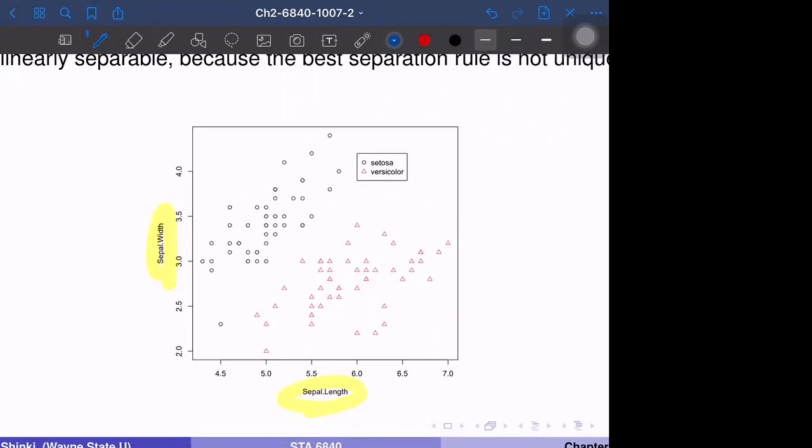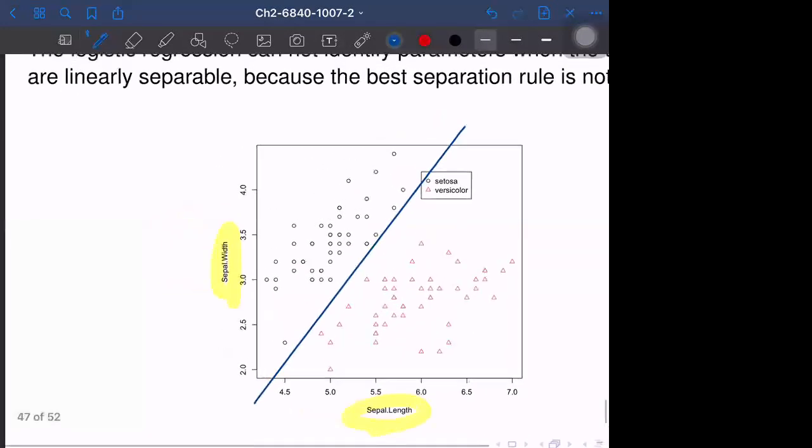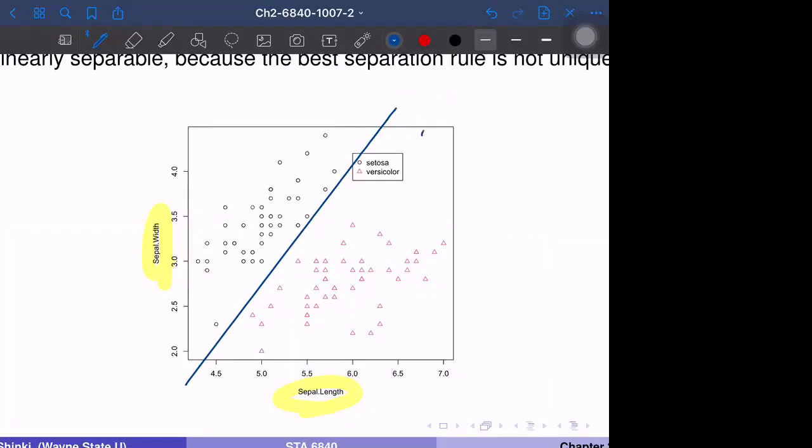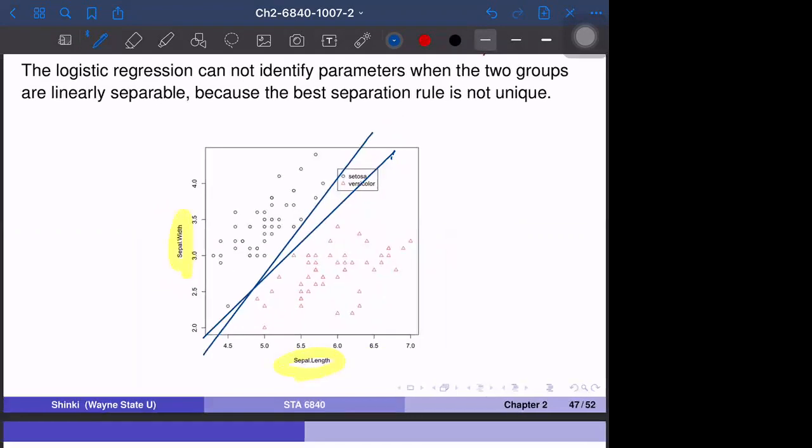For example, this line can perfectly separate the black group, Setosa, and the versicolor, the red triangles. But you can see that another line can also separate the 2 groups perfectly. So there is no unique solution to separate these 2 groups.